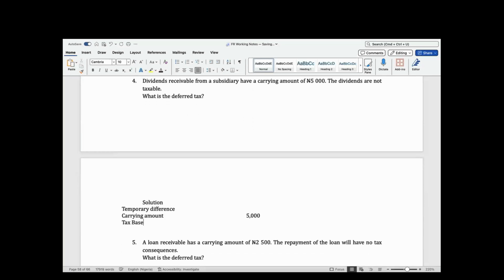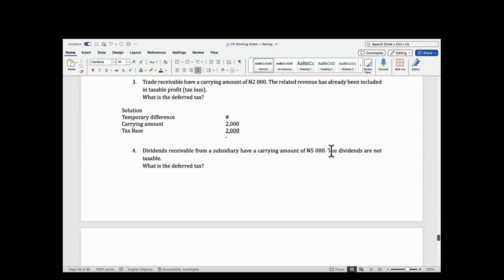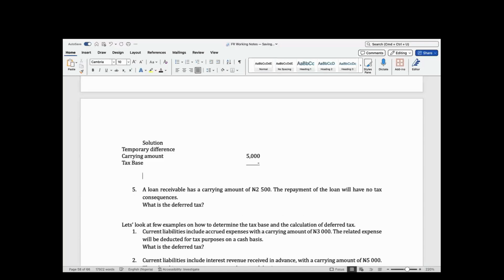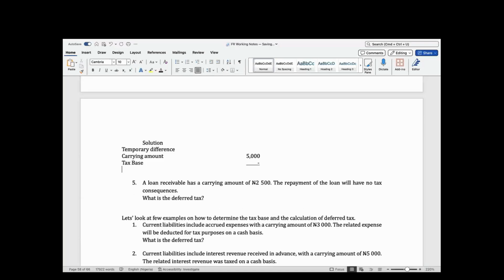What's my tax base? In this case, the taxman did not capture it because dividends are not taxable. Dividend is not a taxable item. So there is a difference of 5,000, but this difference is a permanent difference.